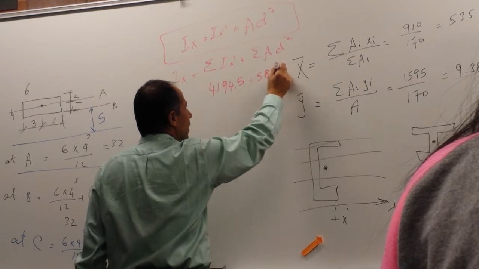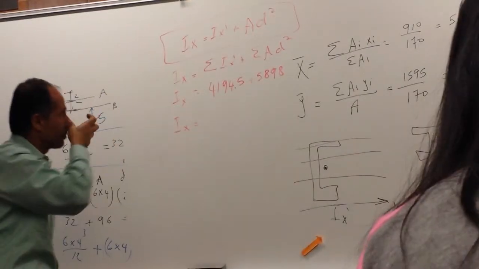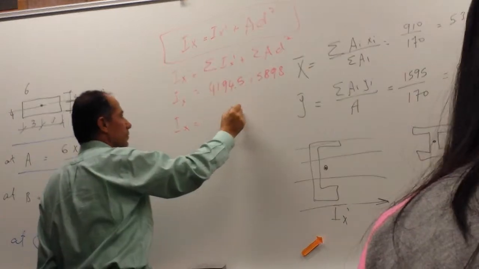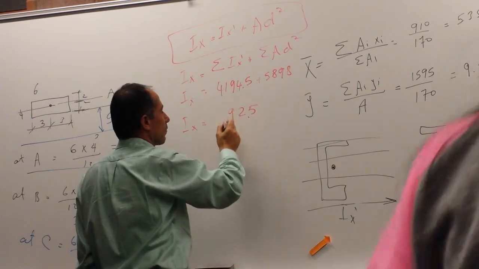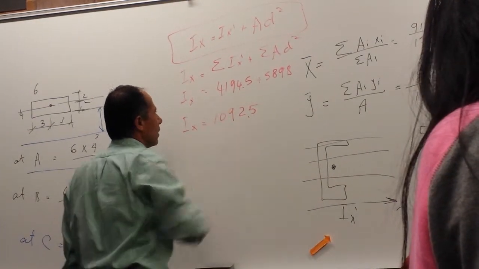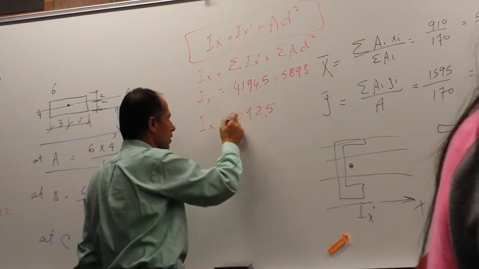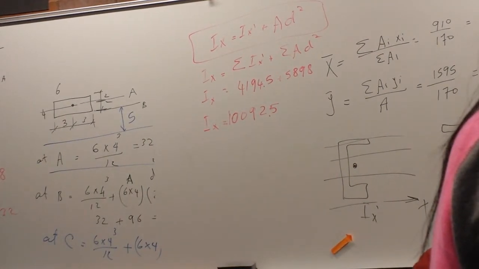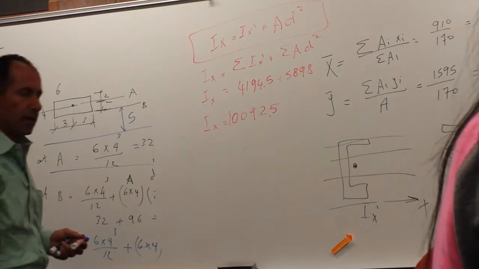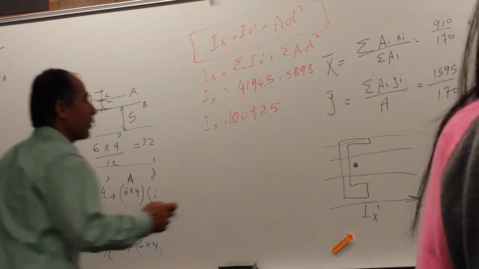Look there in the table, please. Correct? In this case, Ix equals 10,092.5 inches to the fourth.